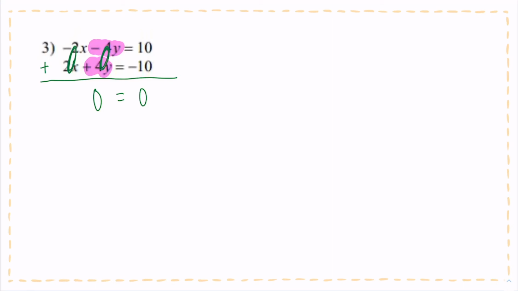Okay, when we get 0 equals 0, what happened? If you're thinking our solution set is infinitely many solutions, you are exactly right. Because remember, whenever you're solving a system algebraically and you get down to a point where there is a true statement, right? 0 does equal 0.